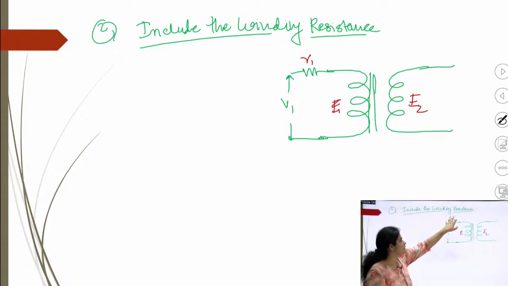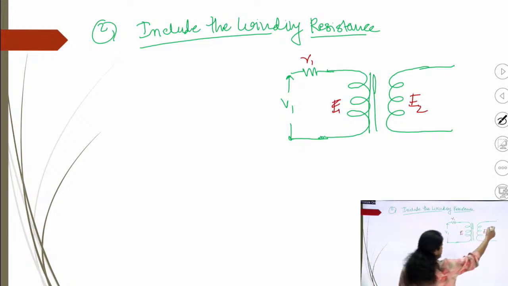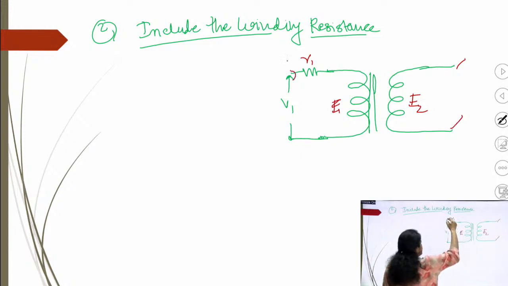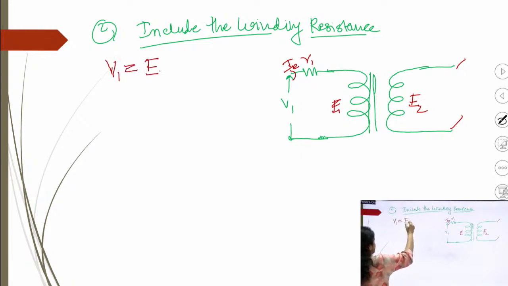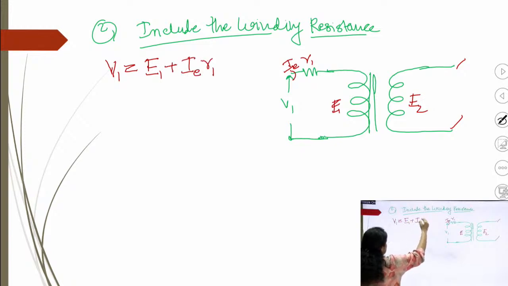There it is creating some voltage drop here. If you consider a no load condition, suppose the current will be there. So, V1 can be written as E1 plus IE R1. Now, we are not using the IM term. Here we can use the I, the exciting current term, which is the phasor sum of the magnetizing current as well as the core loss current, right. So, it can be written this way.